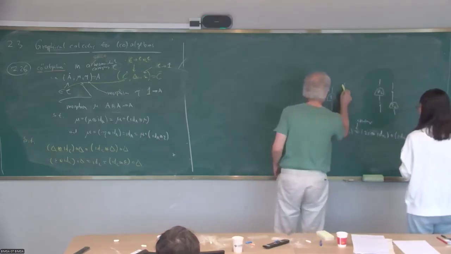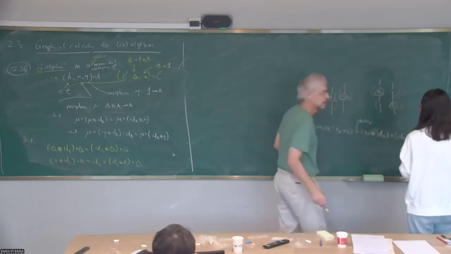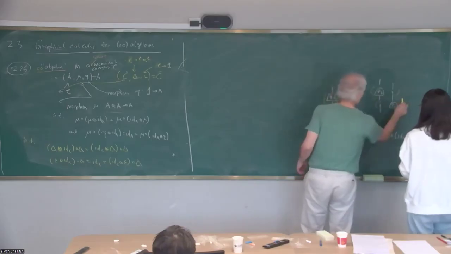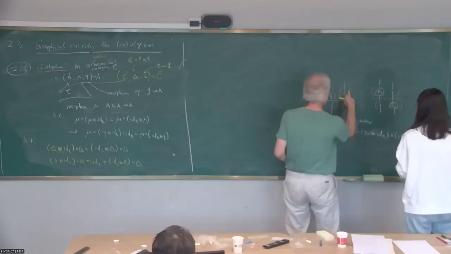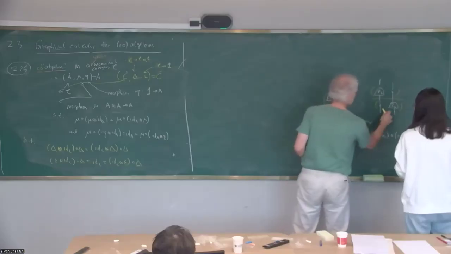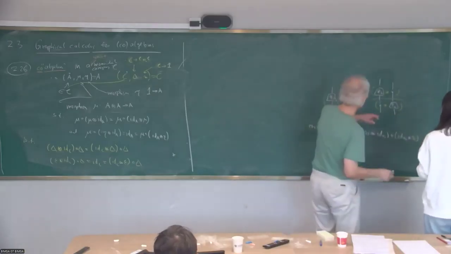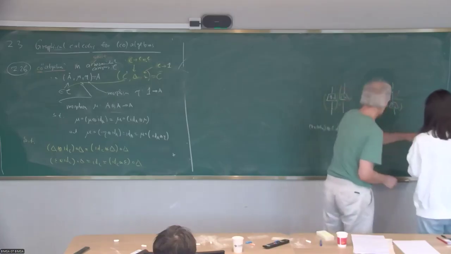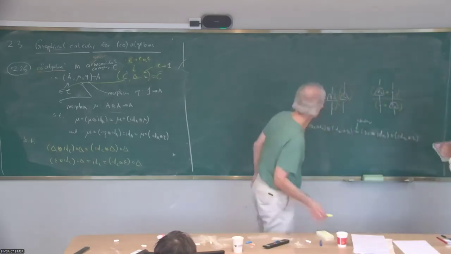I have put brackets here, and here I put brackets like that. Here I compose, and here I have composed first and then tensor. And here I first tensor and then compose. And this point should be here. Thank you.